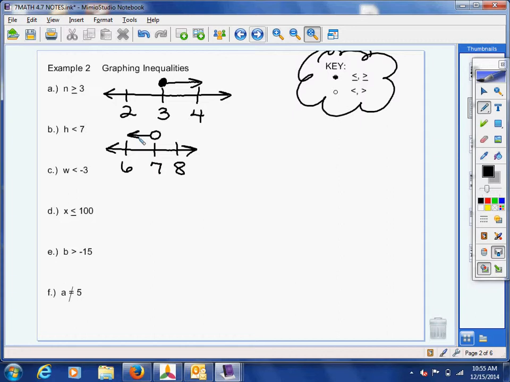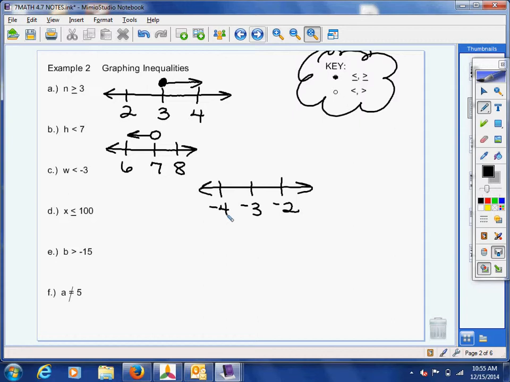Okay? Let's do w is less than negative 3. So negative 3, we'll do negative 2, negative 3, negative 4. Now negatives are weird because the numbers don't go in the same order as the positives.